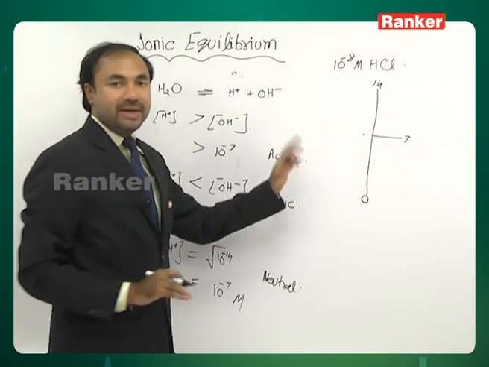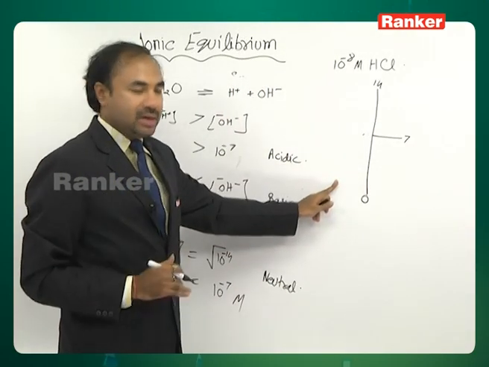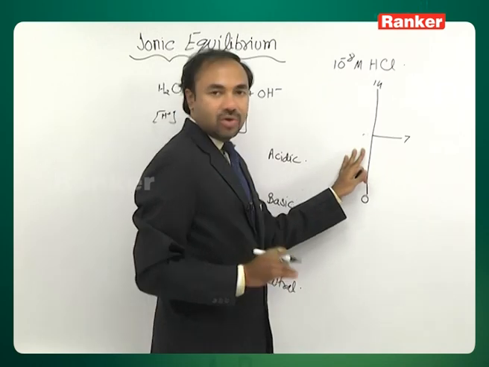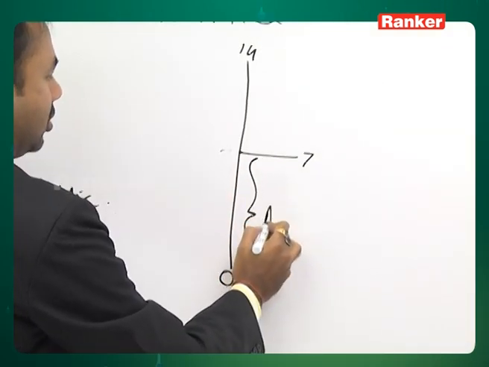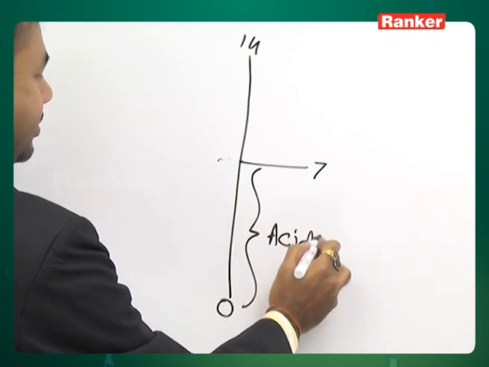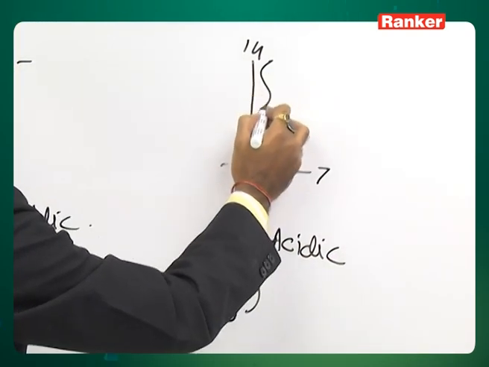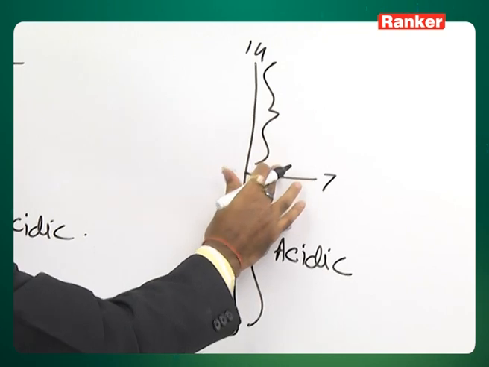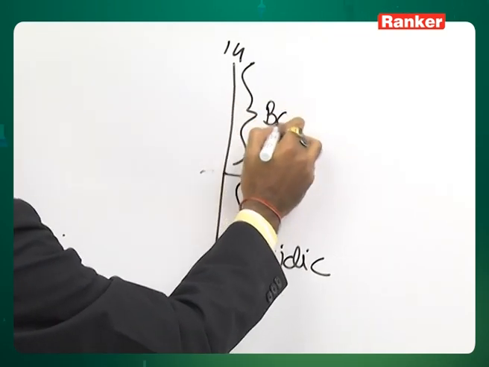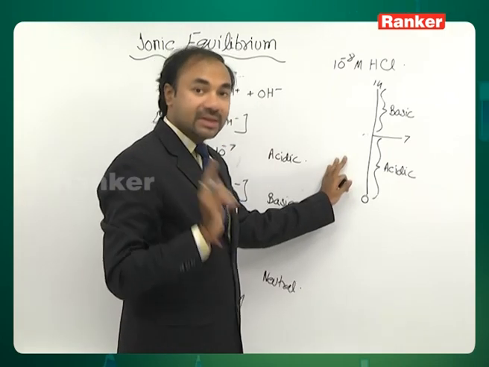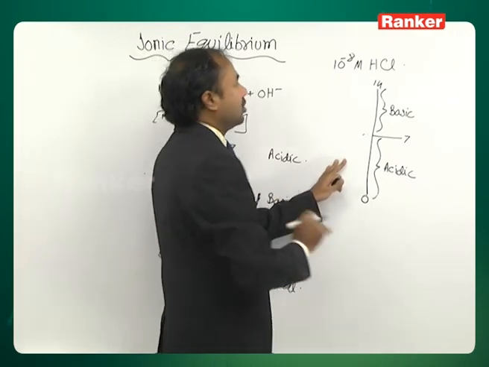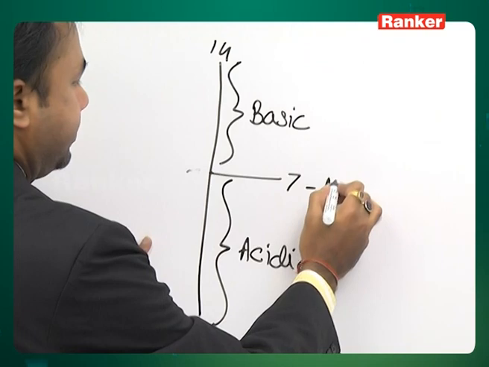Now, at 25 degrees Celsius, means room temperature, if the pH of the solution lies here, then the solution is said to be acidic. If it lies from here to here, we say the solution will be basic. And if it is exactly 7, remember exactly 7, we say the solution is neutral.